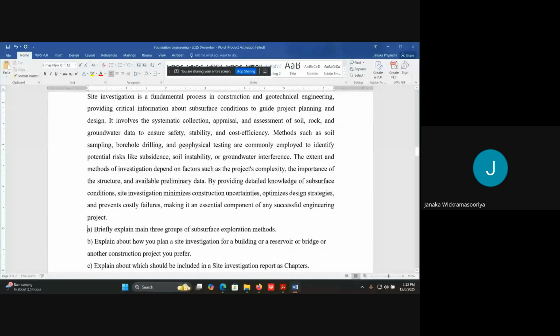So this will be a question. This is taken from a book, and read the question and try to find the answers for this one. I will give you just 5 minutes.